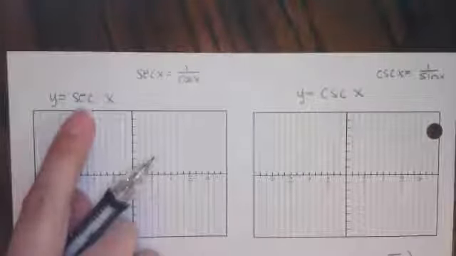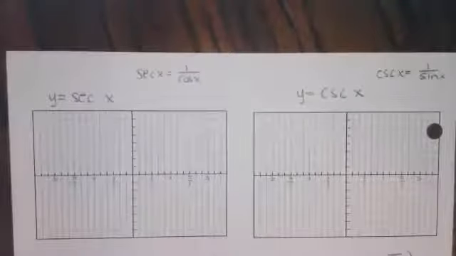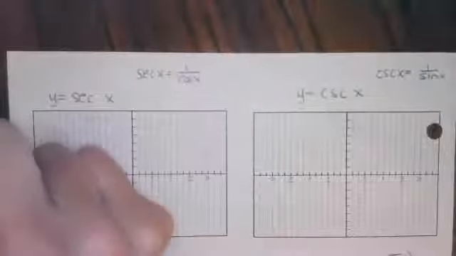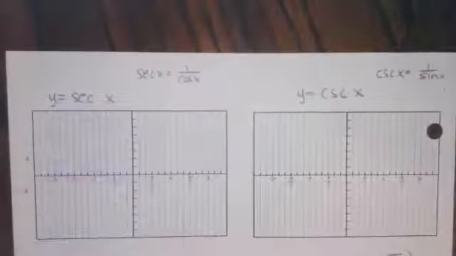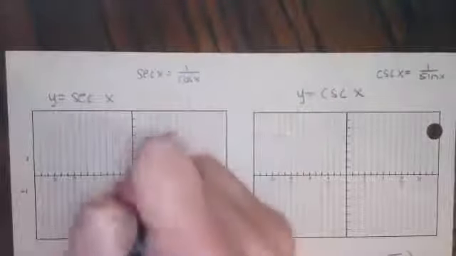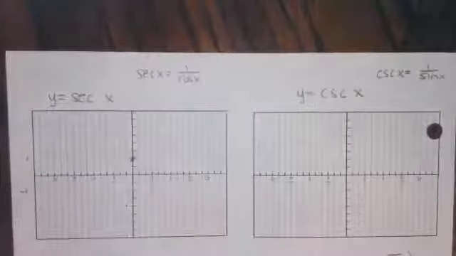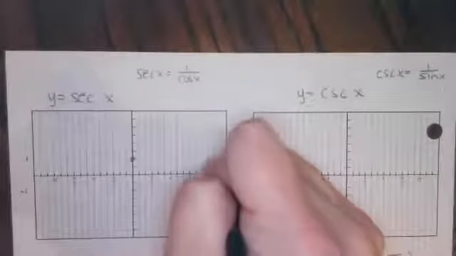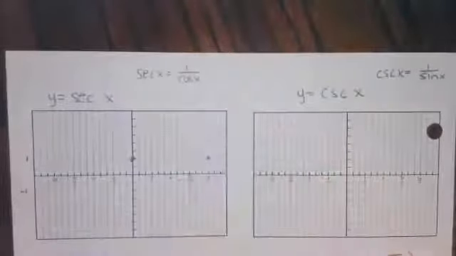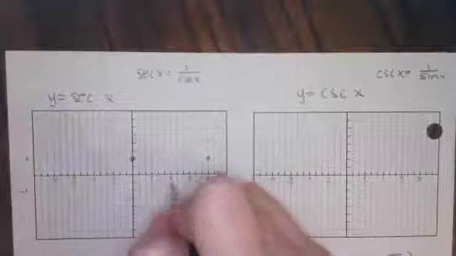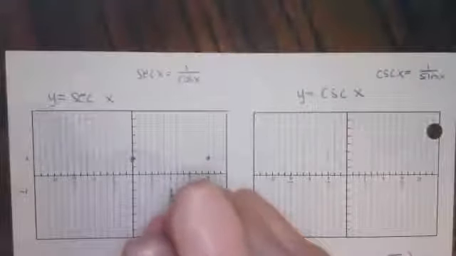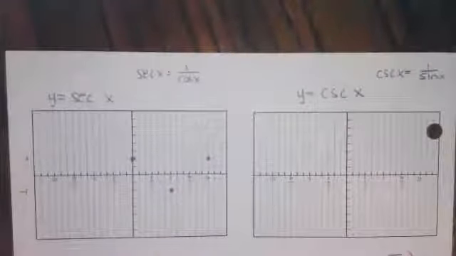So for the secant of x, I'm going to go ahead and draw the cosine of x graph, which we talked about last time. So we're going to say this is 1 and this is -1 here. And so our cosine graph starts at 0, 1. It has a period of 2 pi, so it's going to be back at 1 at 2 pi. At the very center of that, which would be pi, it is going to be at -1.